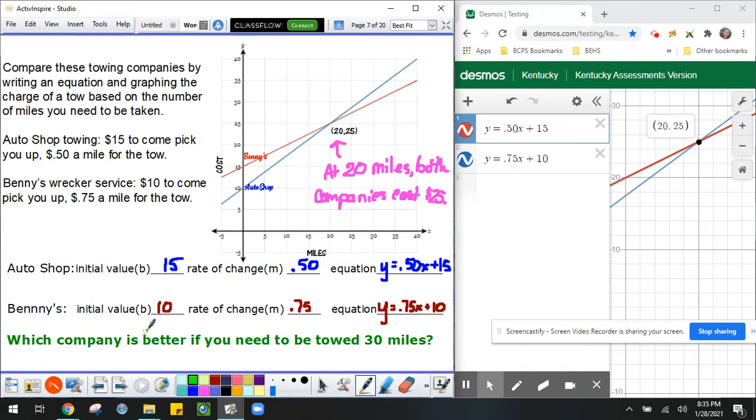But which company is better if you need to go 30 miles? So take a look at the graph. Pay close attention to which line's going up more and which line seems to be leveling off, so to speak, compared to the other company. And which company would be better if you needed to go 30 miles?